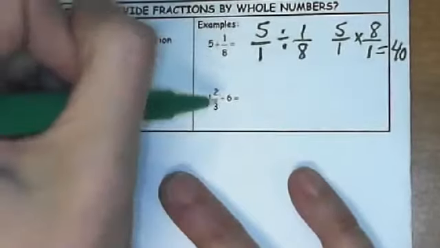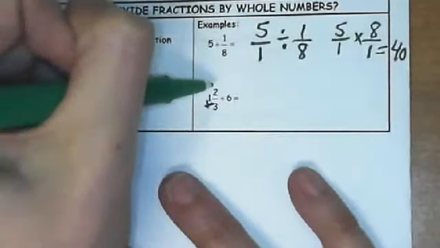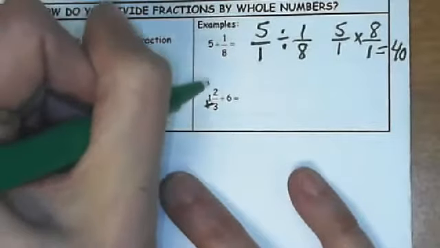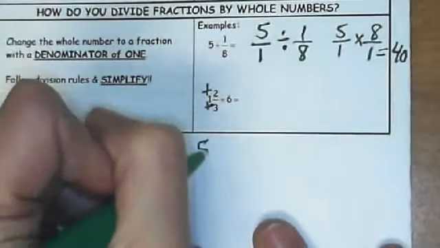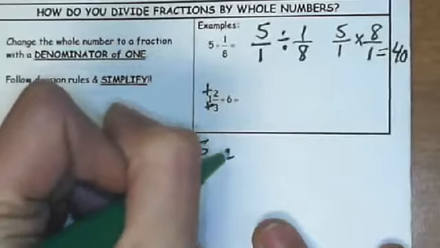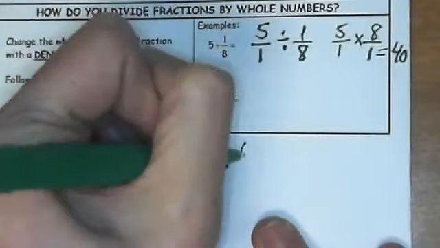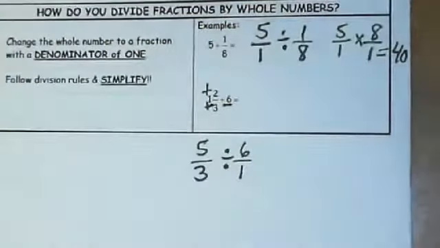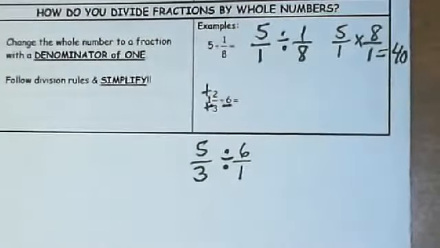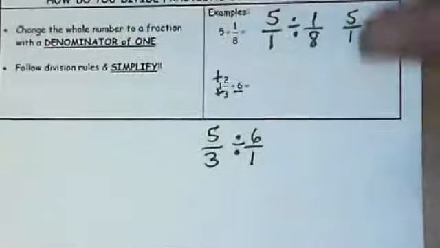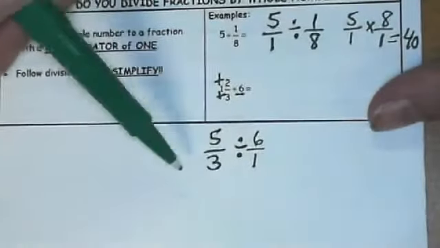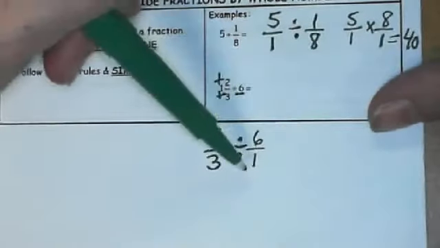So 3 times 1 is 3, plus 2 is 5. So 1 2/3 is 5 over 3 divided by 6 over 1. Okay, see, I did not even do anything yet to do division. I just changed the mixed number into an improper fraction and put a 1 under the 6.